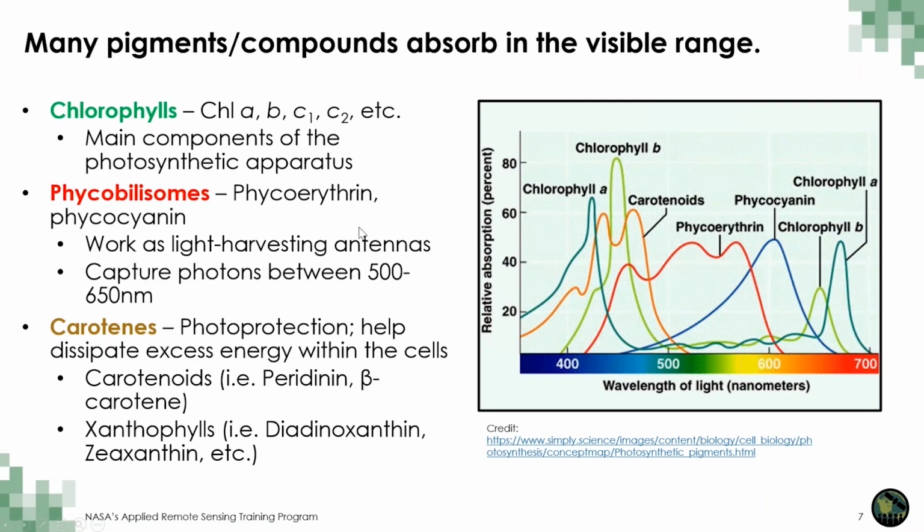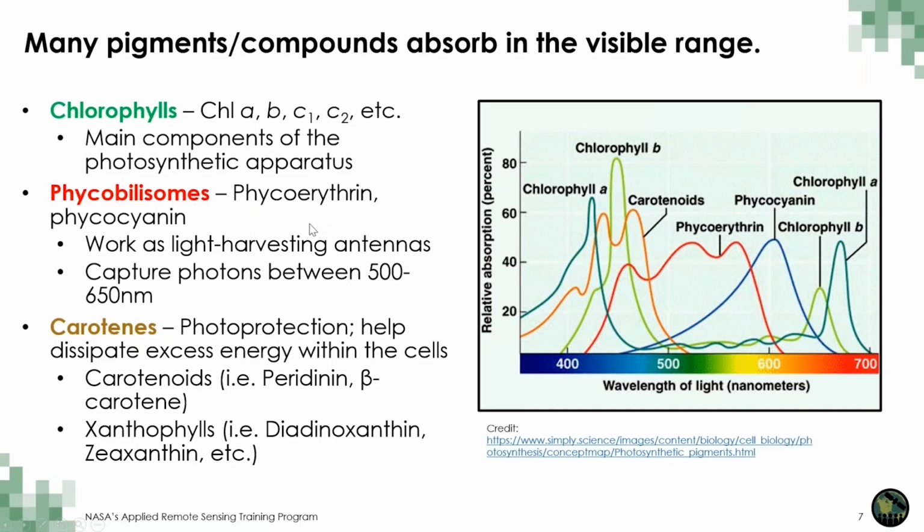And eventually, this is why we see red algae as red, because it reflects the red. And then phycocyanin is a pigment that is characteristic of cyanobacteria, and as you see here in the graph, it absorbs mostly in the green to red part of the spectrum.